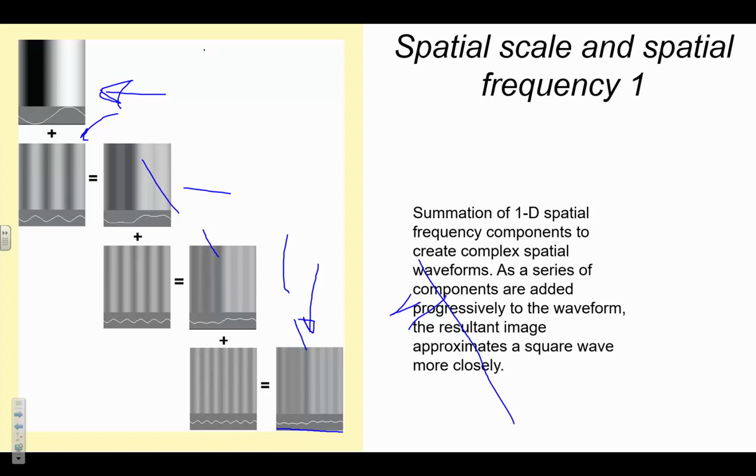Everything you're looking at, you can decompose it down into these luminance sine waves, right? Because you can work backwards. You could say, well, here is the luminance profile of the image I'm looking at. Let's pluck out a sine wave first, and let's pluck out another sine wave and another sine wave until we get down to these fundamental, and I mean fundamental in a different way now than I did when we talked about fundamental frequency with audition. We get down to that sort of fundamental image.